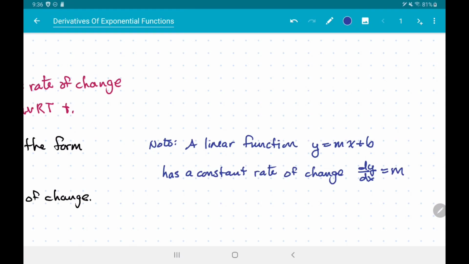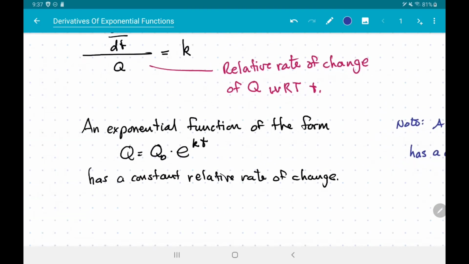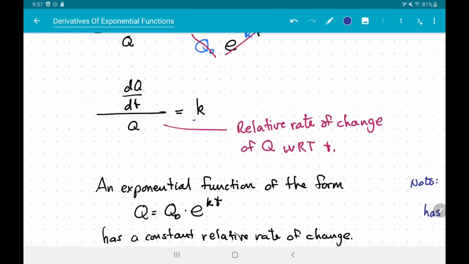So a linear function has a constant instantaneous rate of change, a constant derivative. A linear function has a slope. It's the same slope everywhere. An exponential function like I've drawn over here has the property that it has a constant relative rate of change, which is something a little different. And that constant relative rate of change is actually the k from up in here.